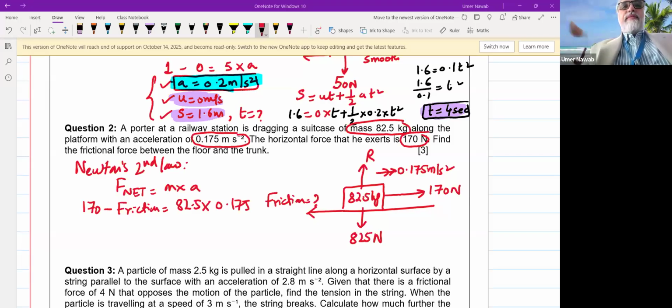So 170 minus friction, you can write in the calculator as X, and then equal sign 82.5 times 0.175. Shift solve, and my calculator gave me 155.56, but we have to give the answer to three significant figures, so my answer is 156. So friction is 156 newtons.